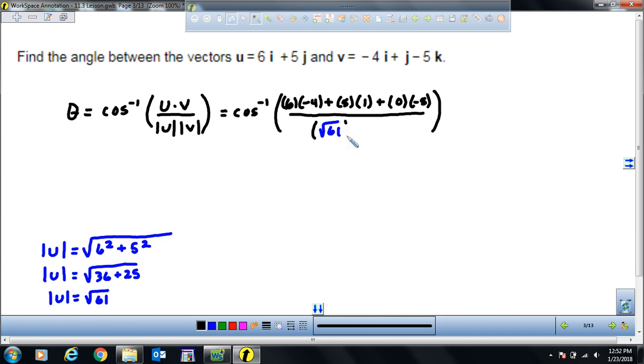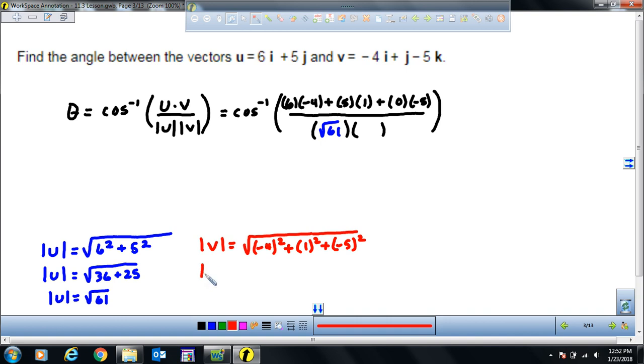Now we need the magnitude of v. So let's go ahead and find that. The magnitude of v equals the square root of, v is negative 4i plus j minus 5k, so it would be negative 4 squared plus 1 squared plus negative 5 squared.